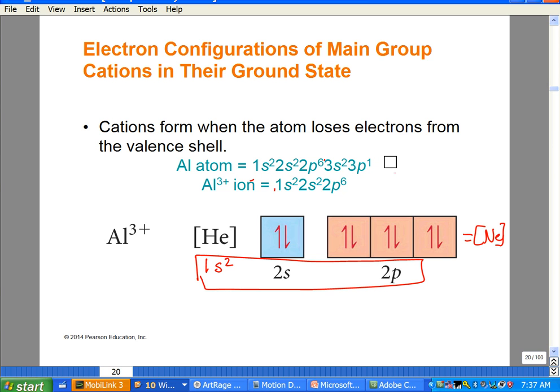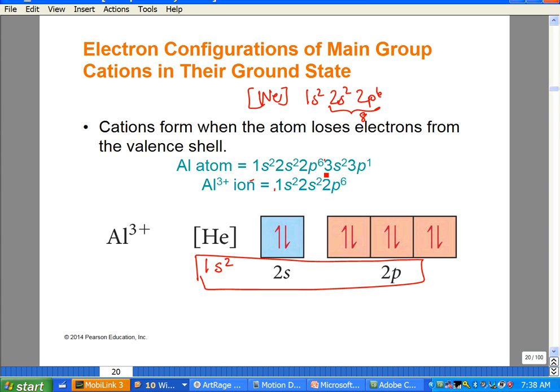When we remove 3 electrons, we generate an aluminum cation that has a 3+ charge on it, which actually has the same electron configuration as the nearest noble gas, which is neon.